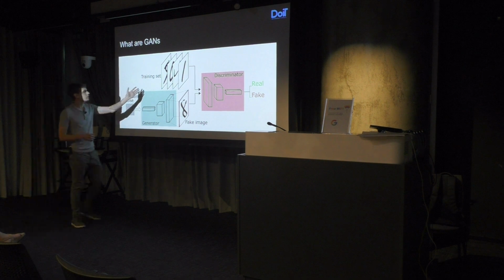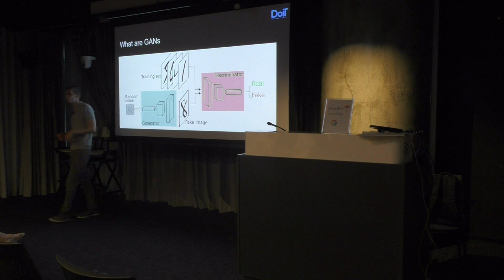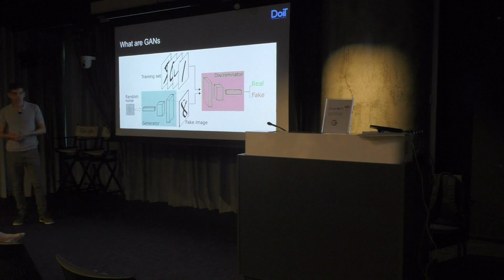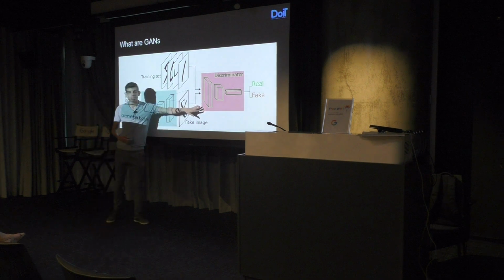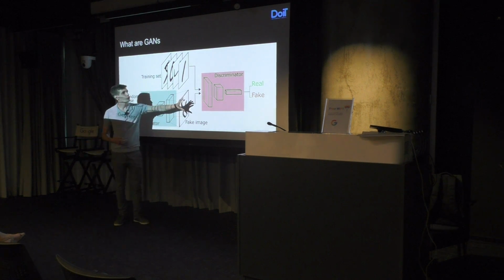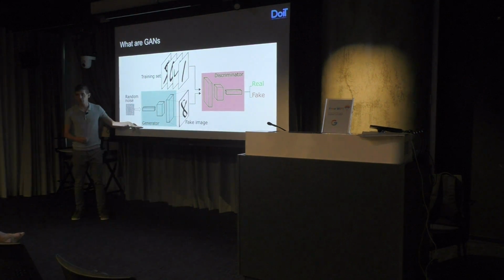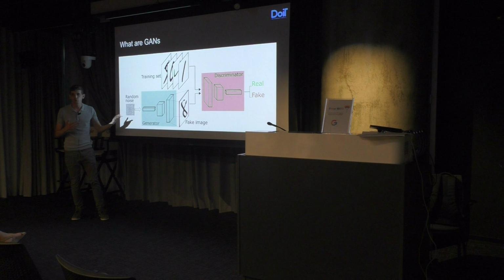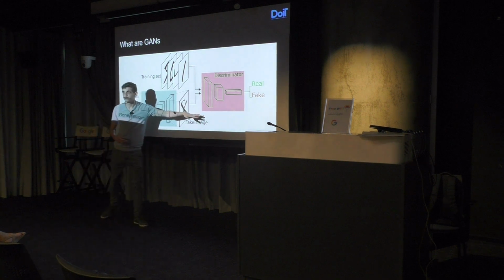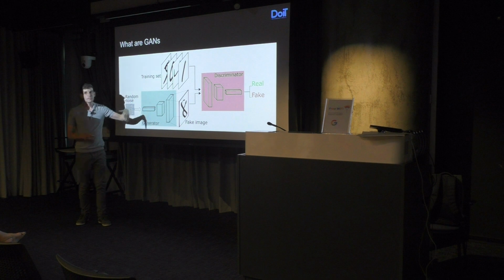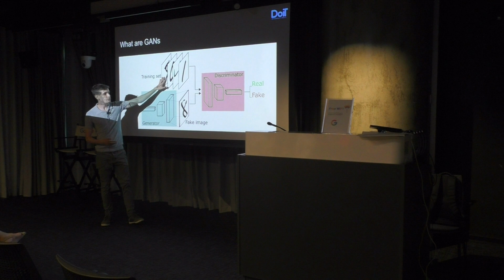I would train it on MNIST, and if I put in a fake image, it would probably be very easy to distinguish. So the generator has to learn how to trick the discriminator in order to confuse its labels. Basically the loss for the generator would be, for the most part, the negative loss of the discriminator.